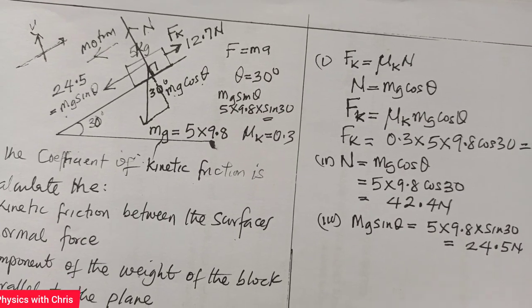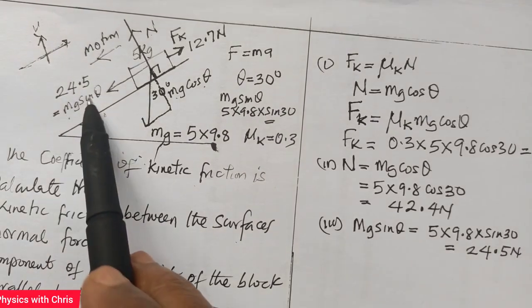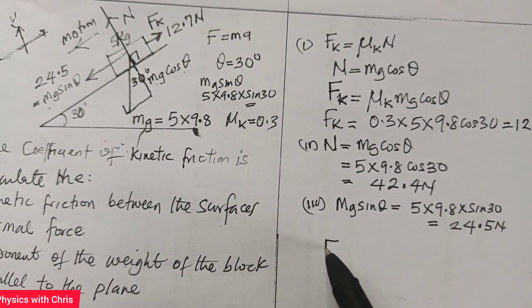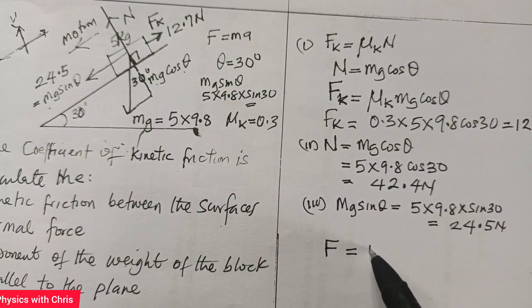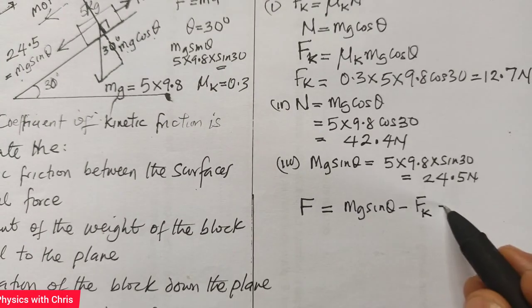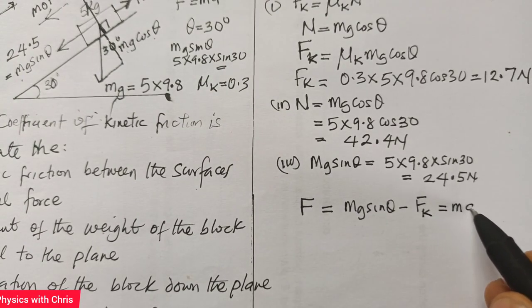And since I have two forces, the mg sine theta and the kinetic frictional force acting on the plane, my resultant force F will be equal to mg sine theta minus the frictional force, which is the kinetic frictional force. And from Newton's second law, this equals mass times acceleration.